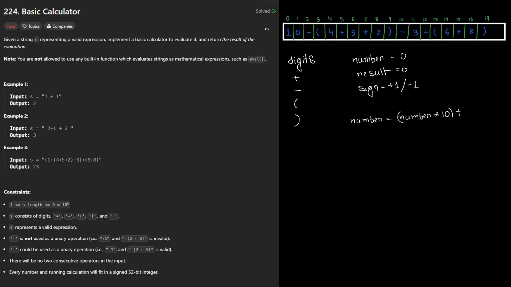If I say this is a variable s, then it would be s of i. This would be the function. We also require a stack, which is going to be empty. So let me add these stack values.